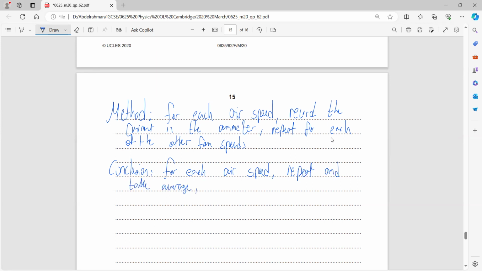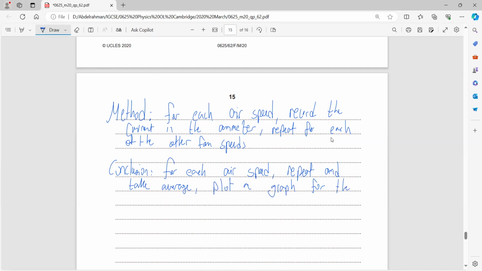Usually we say record the readings in the table. No, you don't have to. For this question, you could say we'll plot a graph instead.